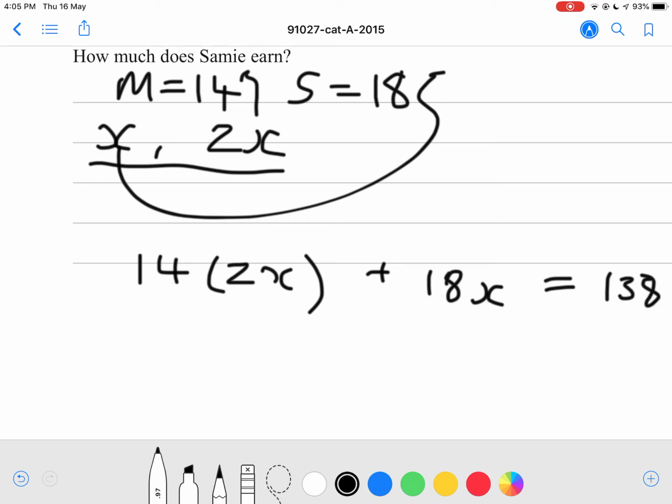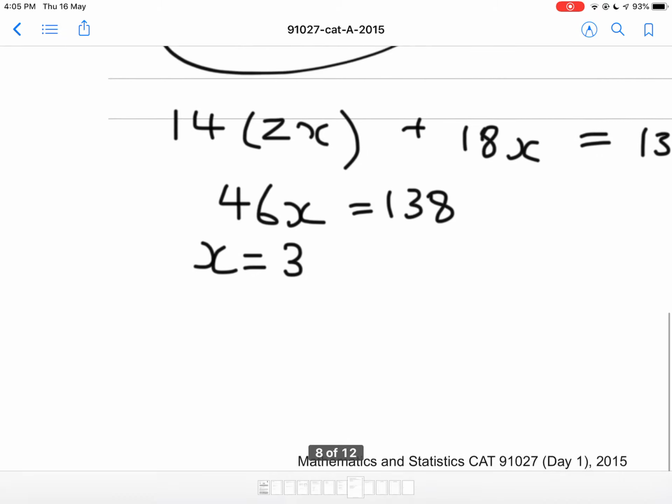Simplify this equation, we get 28x here and 18x here, so 46x equals 138. And if we divide 138 by 46, we should get x equals 3. So therefore Sammy works for 3 hours because Sammy works for an x amount of time, while Marius works for 6 hours because he works 2x amount of time.